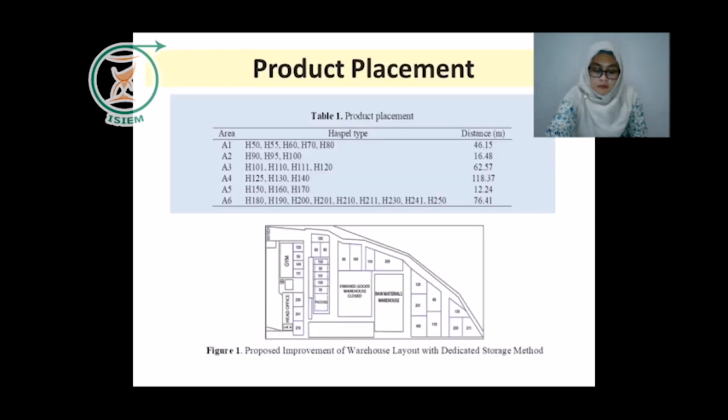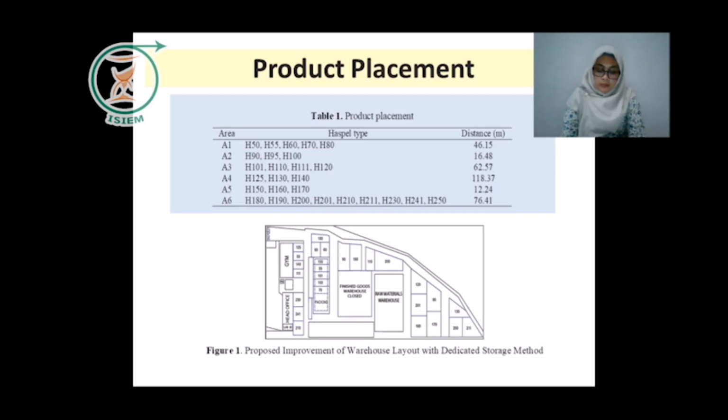Product placement is done by putting the product that has the highest throughput on the location with the closest distance to input output, and next put the smaller one on the location with the next closest distance to input output.